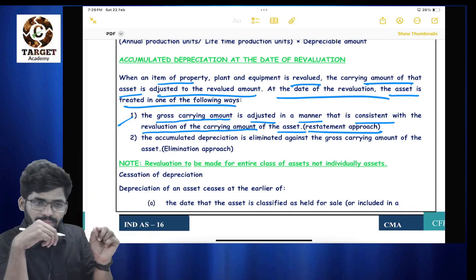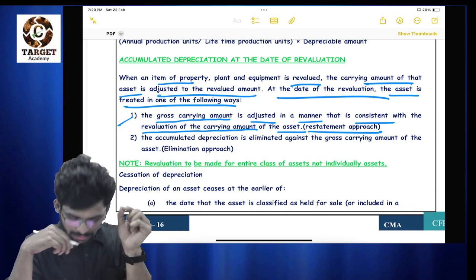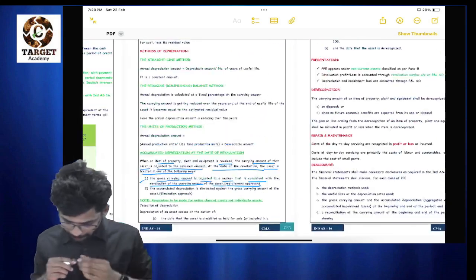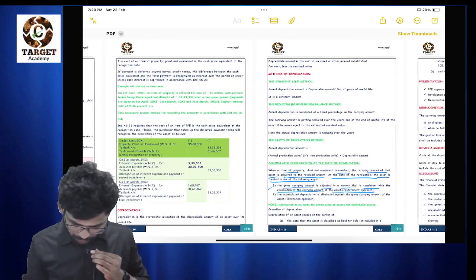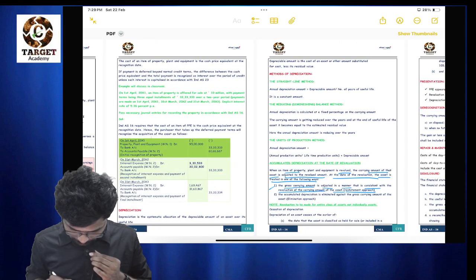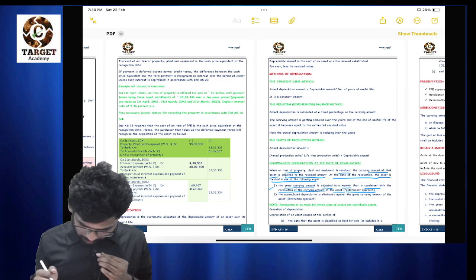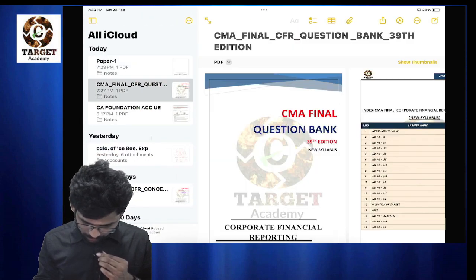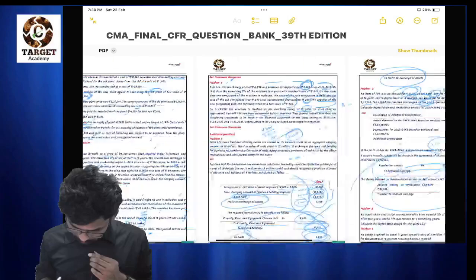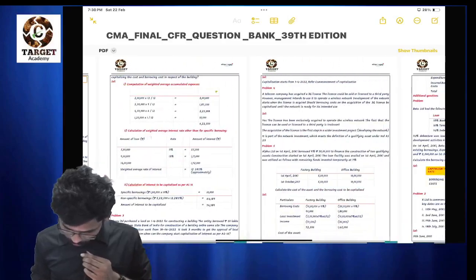For this purpose, we have one example. I think I have included that example also. Where is that? There are no new questions.